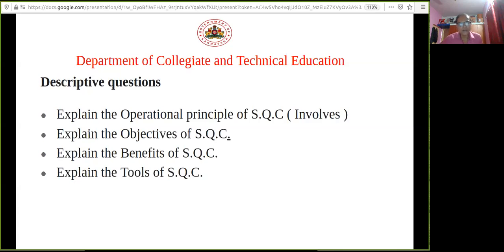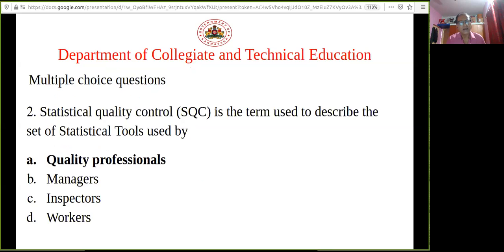The next point is that we have discussed the objectives of SQC. These are descriptive types of questions. The objectives and the benefits are the same. So whatever objectives I am talking about are also the benefits.